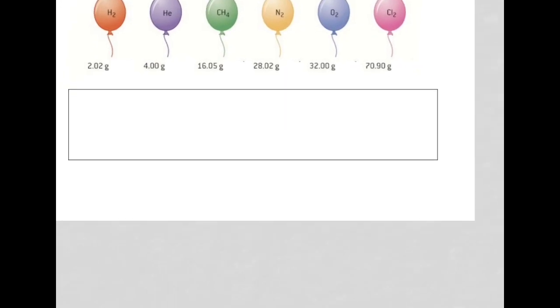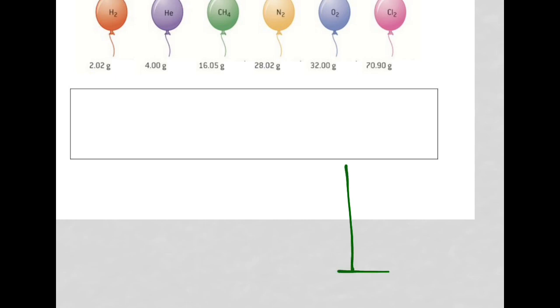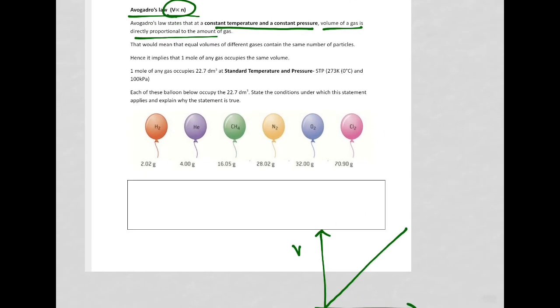So if we were to sketch a graph of volume against number of moles, we would find that it is a straight line like this, because it is directly proportional. So what does that mean? It means that equal volumes of different gases contain the same number of particles.